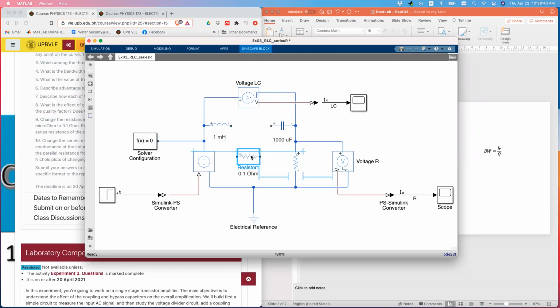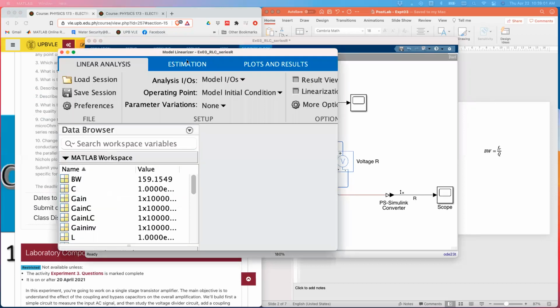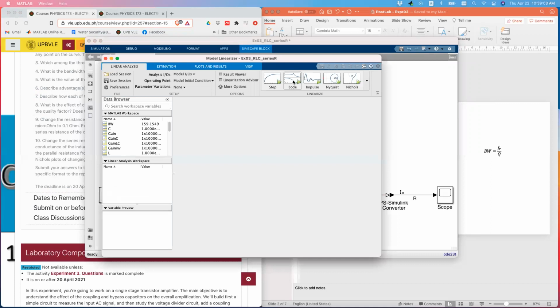And then, i-comment out muna natin yan. Okay, and then i-connect natin ito. Okay, so this is your original circuit, right? Okay, so tapos i-run natin yung corresponding na model linearizer niya.